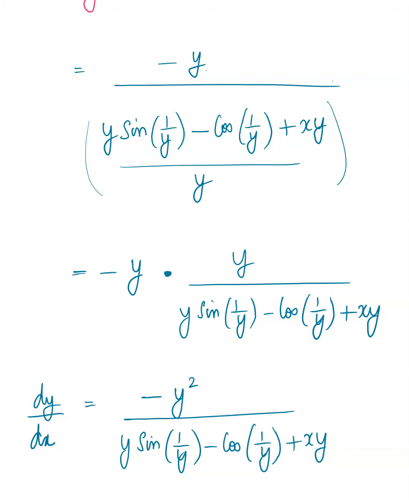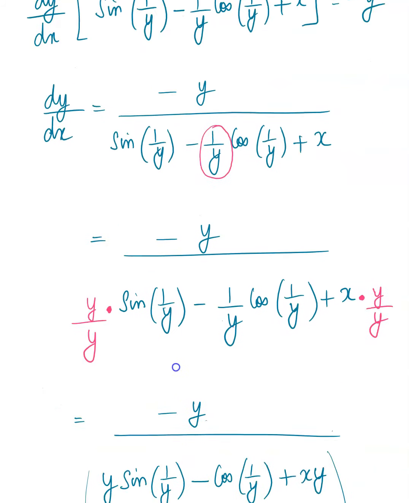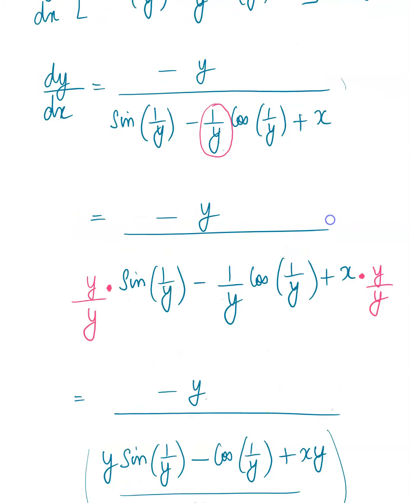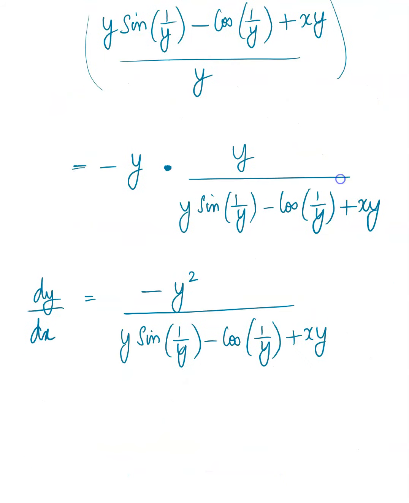So although our problem kind of ended right here, because of that complex fraction situation, we had to simplify it by taking the LCD and then bring it out this way. Remember, this 1 over y is not a problem because it's part of the sine angle. It's part of sine and cosine, so that is really not a problem.